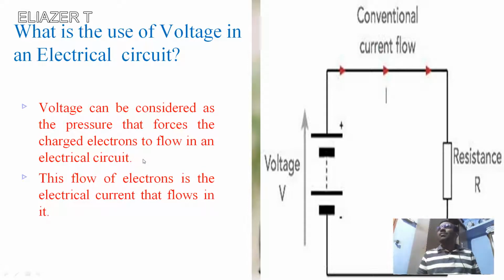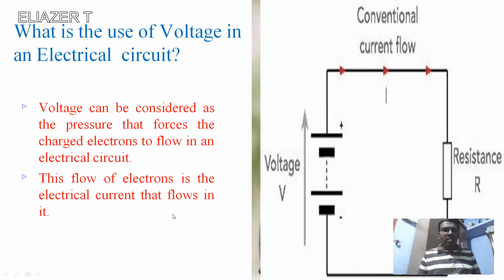We have already studied that the flow of charges is said to be current. If the charges are stationary, there won't be electricity or current flow. So voltage is very much essential. The flow of electrons is the electrical current. This is the very basic thing.